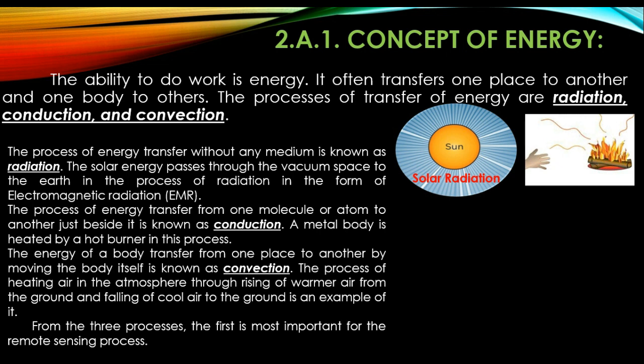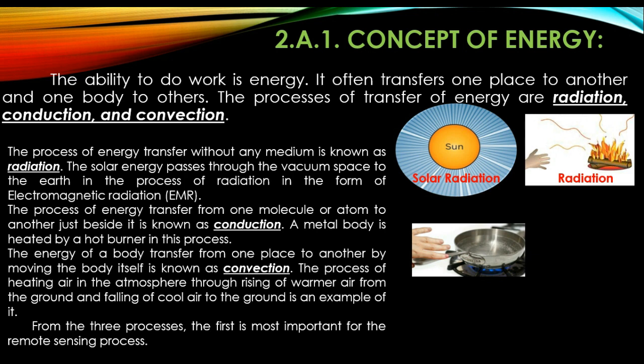electromagnetic radiation. The process of energy transfer from one molecule or atom to another just beside it is known as conduction. A metal body heated by a hot burner is an example of conduction. The transfer of energy of a body from one place to another by moving the body itself is known as convection.